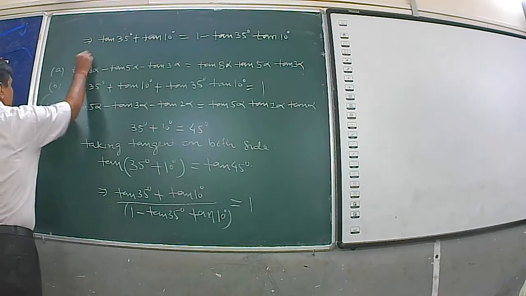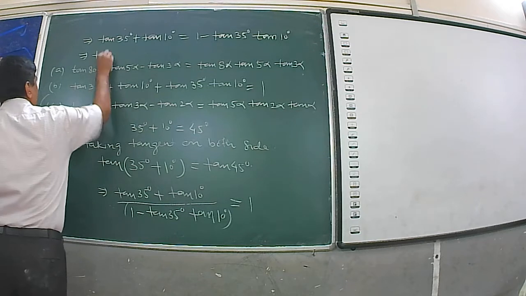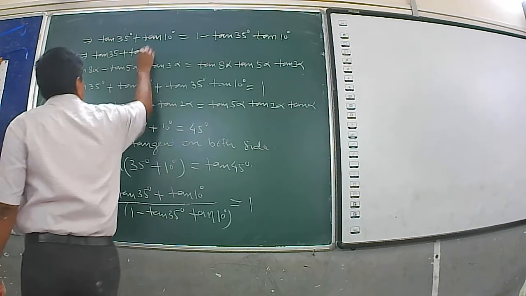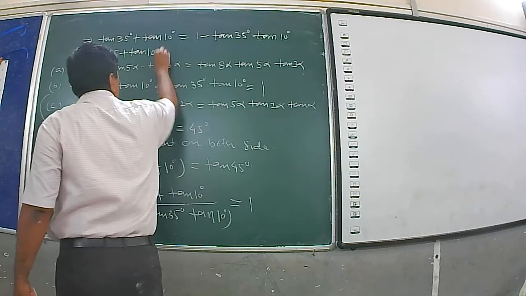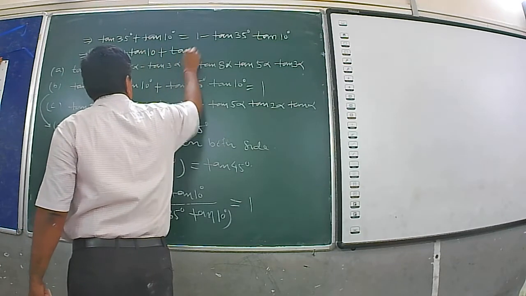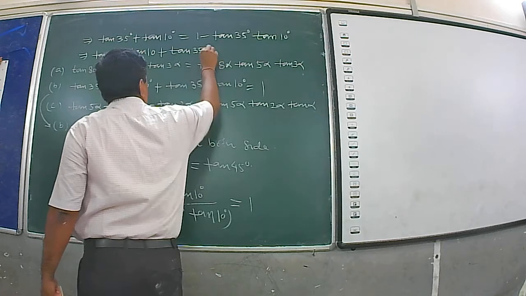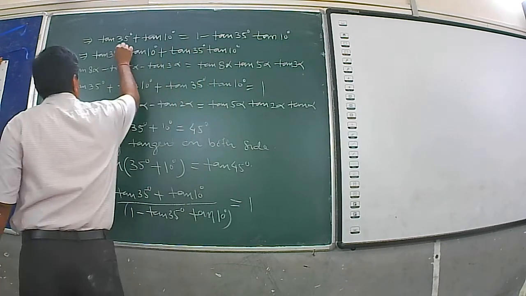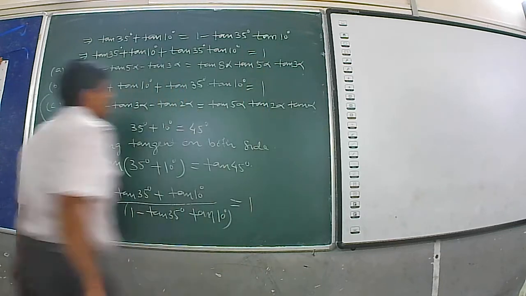This implies that tan 35 plus tan 10 degree plus tan 35 tan 10 degree is equal to 1. Proved.